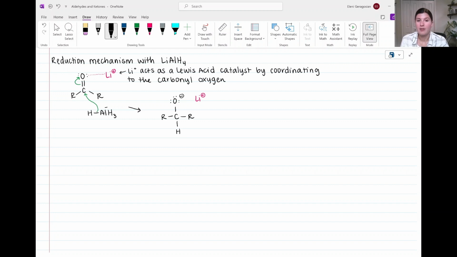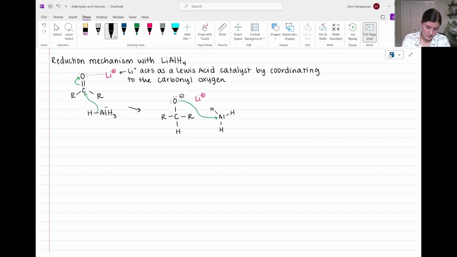Now we have an oxygen with extra electrons, and we still have that aluminum hydride with only 3 hydrogens here, so we have an open shell aluminum. The carbonyl oxygen, this negatively charged oxygen, will bond to the aluminum.